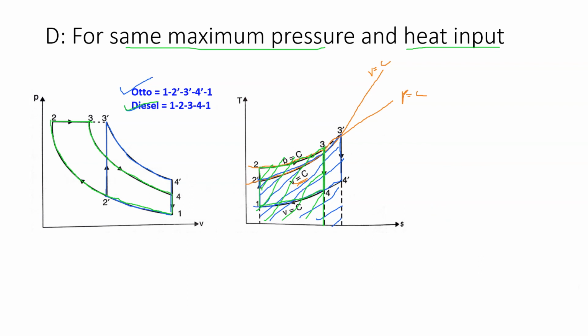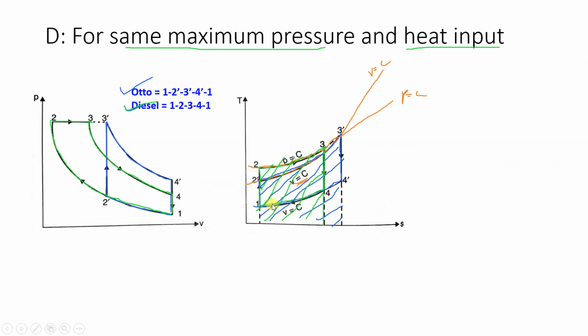So again, if you see this cycle, the condition is heat input is same. So heat input is same, so efficiency will depend on which term? Heat rejected, and heat rejected should be less, and it is less in which case? Here you can see this green area.